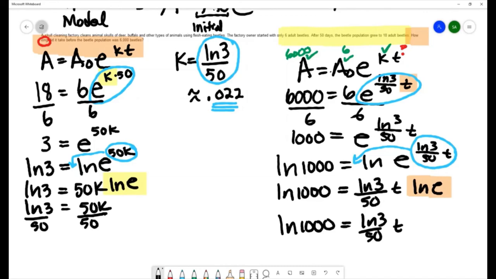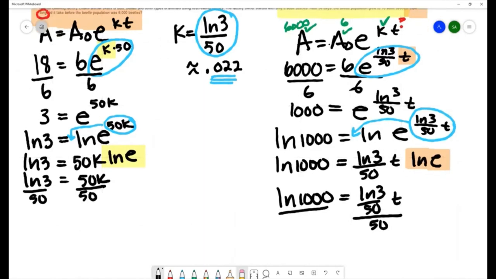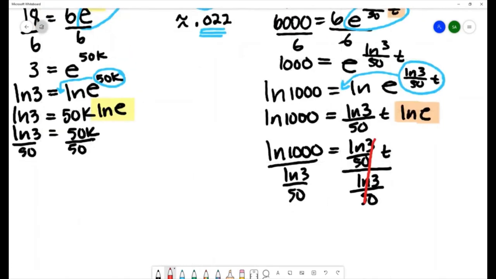Natural log of e is 1, so that's why that went away. 1 times anything is itself. And then I'm going to divide both sides by 50. I'm sorry, not just 50, that whole coefficient. I'm dividing by natural log of 3 over 50. That cancels this coefficient out, leaving me with t.